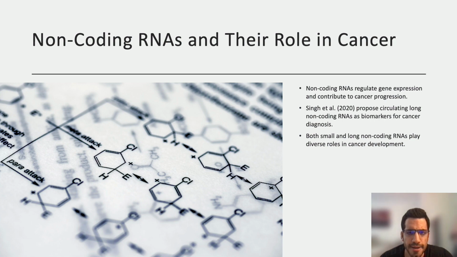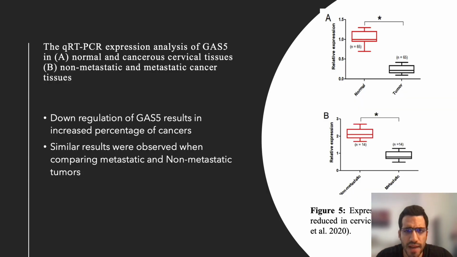Here we have a study done by Barwell in 2020, where he studied the expression of GAS5, which is growth arrest specific 5, a long non-coding RNA molecule, which plays an important role in apoptosis and other cellular processes.